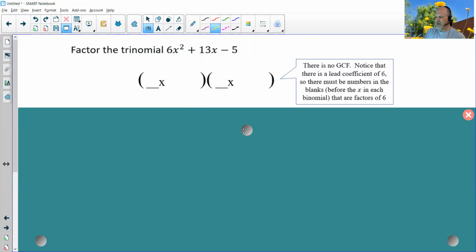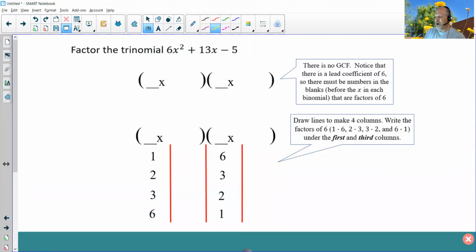So the way we do this is we're going to draw columns underneath of the two binomials. I did that with these red lines here. So I have a column here under my first term and a column here under my third term, because if I do first times first, it should equal 6.